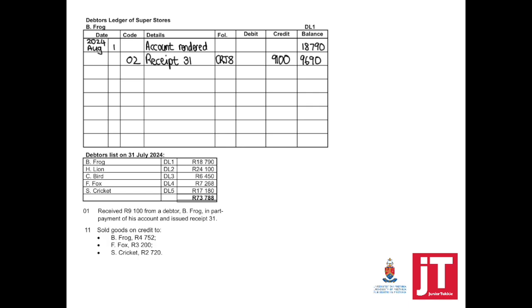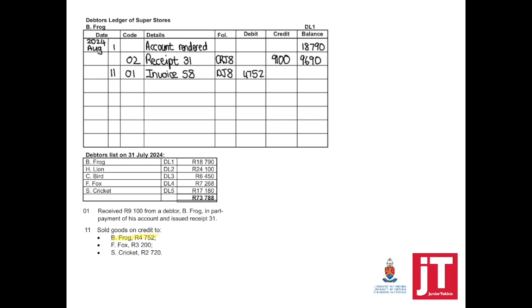Day 11, sold goods on credit, and now I only care about Frog, 4,752, which means that on day 11, code 01, invoice number 58. This is now where you need to refer back to the journal which you've completed. What was the source document number that was issued?